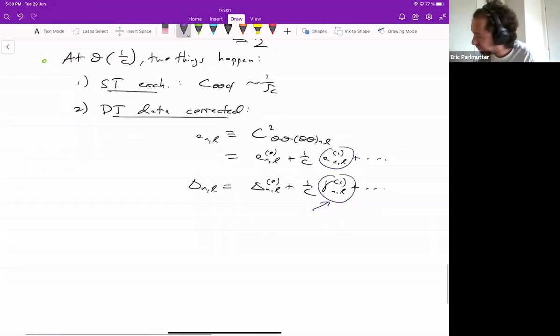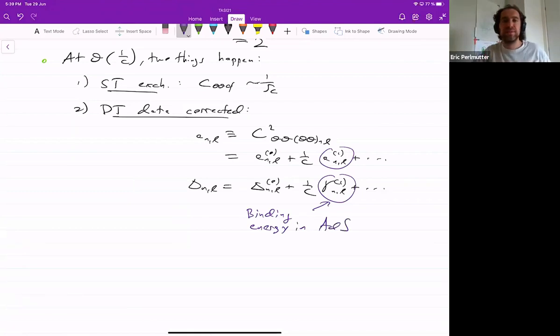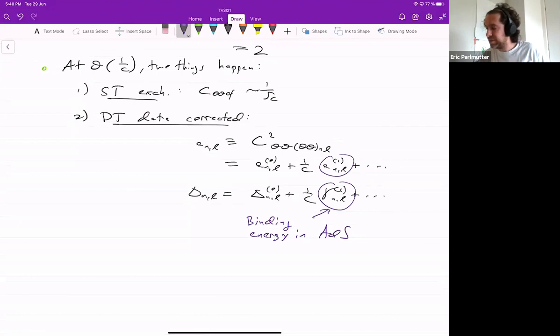And this thing here can be interpreted as a binding energy in AdS of this 2-particle state due to the interactions, say, due to the gravitational interaction. Of course, there's also lots of interesting data in the single trace part. But given some single trace spectrum, so you have some Lagrangian, there's some exchanges, then you can extract from that the effect on these composite operators. So both of these things are what are being computed at tree level.